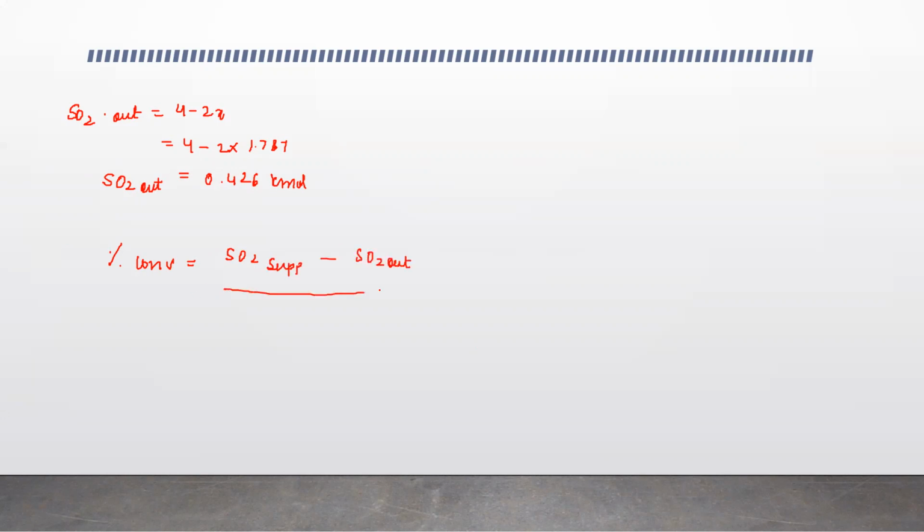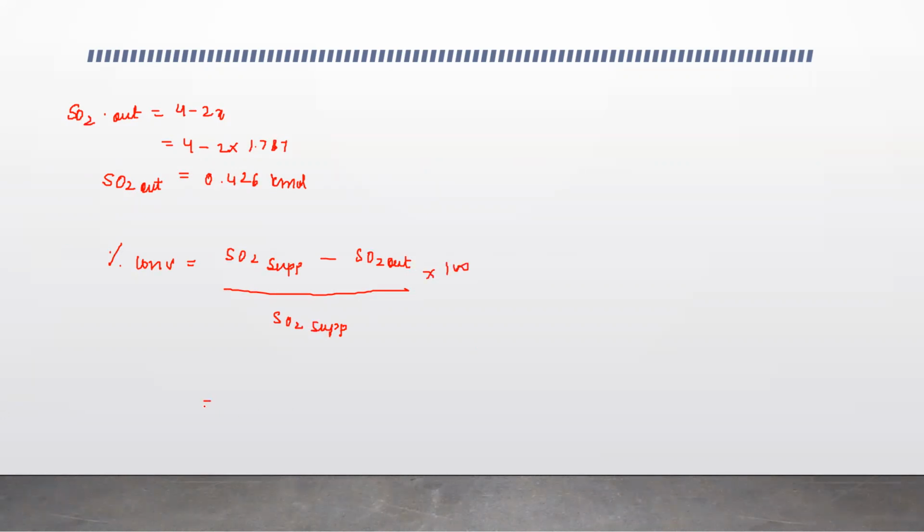All right. So once we get 1.787 as x, the SO2 out is 4 minus 2 into 1.787. So that is equal to 0.426 kilomole, right? That is SO2 out. So percentage conversion is equal to SO2 supplied minus SO2 out, upon SO2 supplied, into 100.